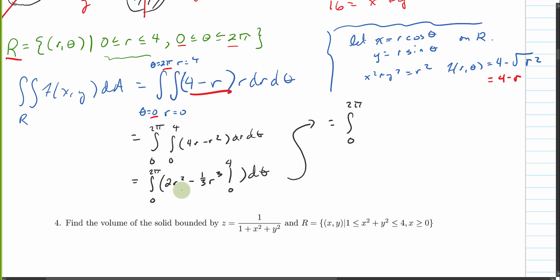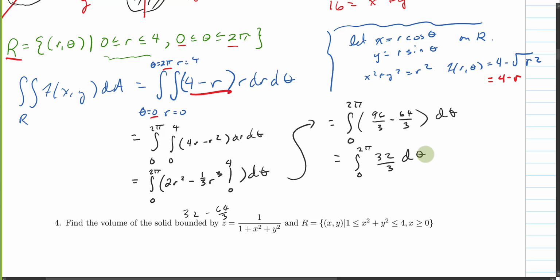Or we end up with the integral from 0 to 2 pi, and let's see here, that would be 32, and that's 64 minus 64 thirds. So let's see here, 96 thirds. So I think that's 96 thirds minus 64 thirds d theta, 0 to 2 pi, and that would be another 32 thirds.